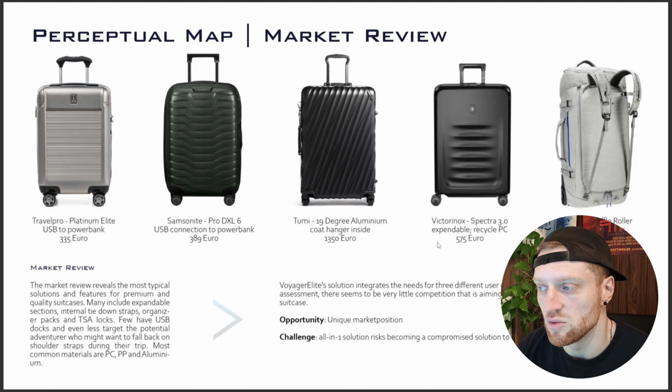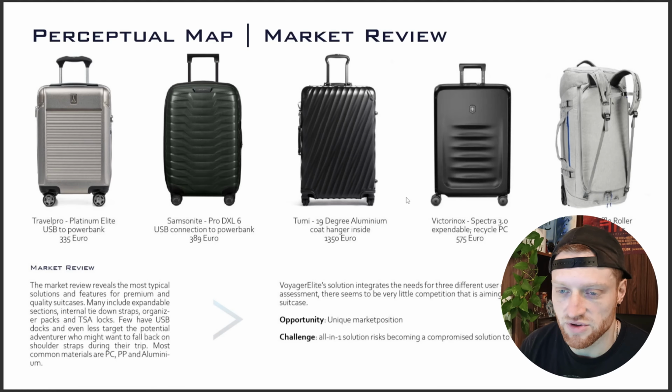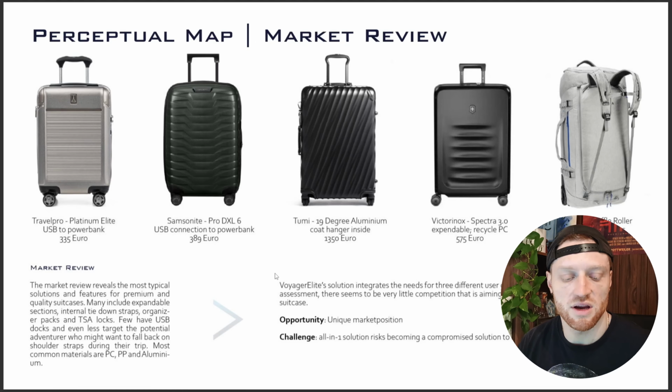Different materials are being used, recyclable or not. Some duffel bag rollers with straps, right? Very different. TSA locks. So here I can basically get a good understanding of the actual situation on the market and the differentiators of the product.